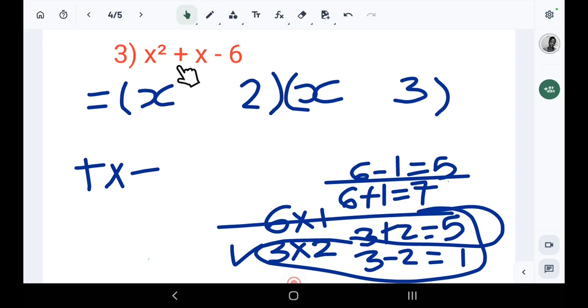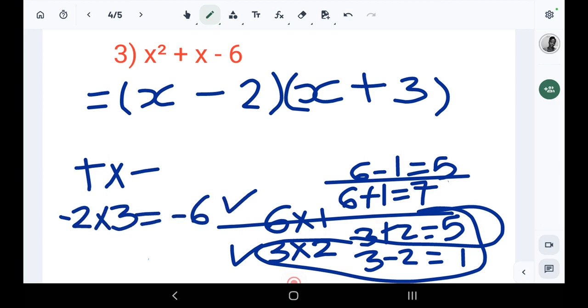If the middle term is plus, we put the positive in front of the bigger number. If the middle term is negative, also we put a negative in front of the bigger number. In this case, it is plus, so we put our positive in front of 3 and we put our negative in front of 2. Now, negative 2 times positive 3 will give us negative 6.